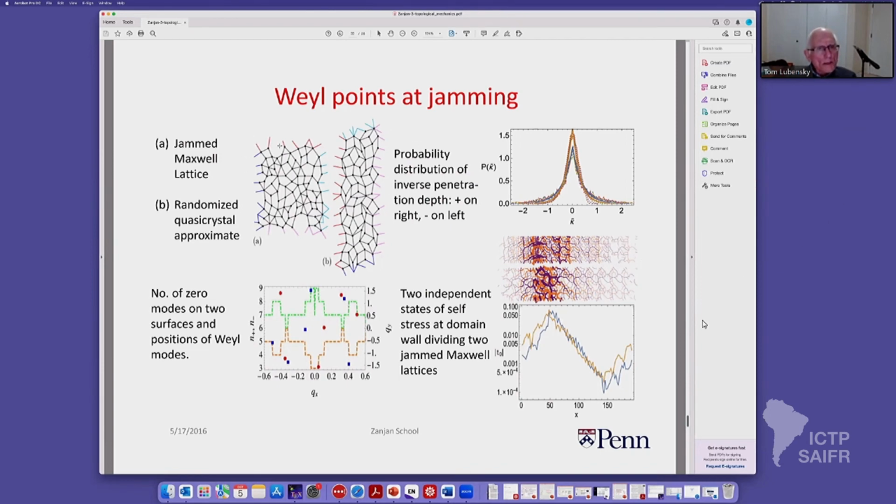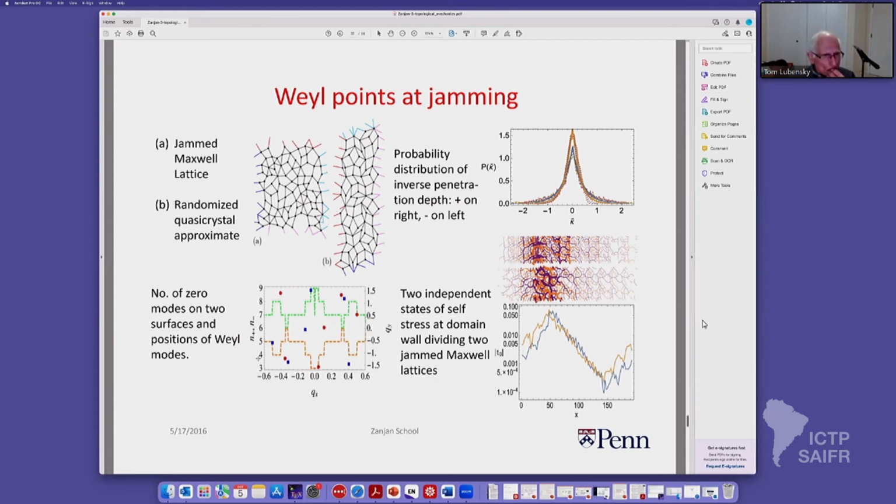So this is a typical jammed matter thing. And you can repeat this. So this thing treated as a unit cell in an expanded system, which has many cells repeated in a periodic boundary condition. It has both zero modes along the surface, and it has vial modes in the center.